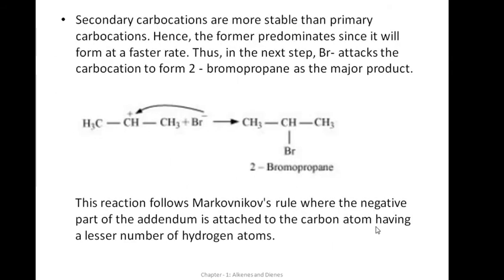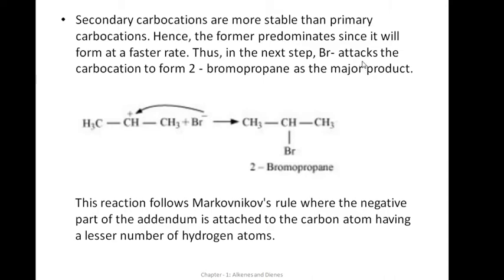Okay. Next what happens is attack of the nucleophile. Look here, the arrow mark is from Br minus to this carbocation. This is from an electron rich to an electron deficient center. So the secondary carbocation is more stable than the primary carbocation. Hence the former predominates since it will form at a faster rate.